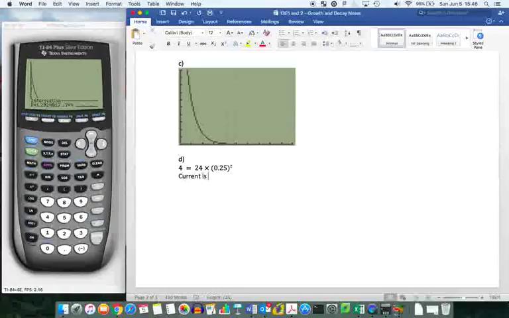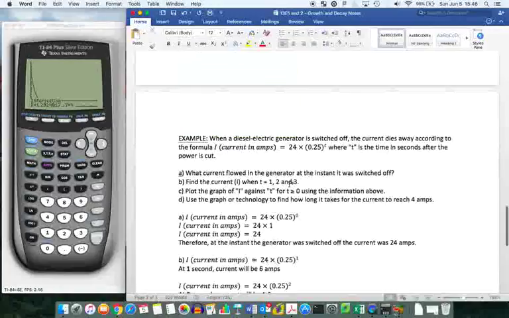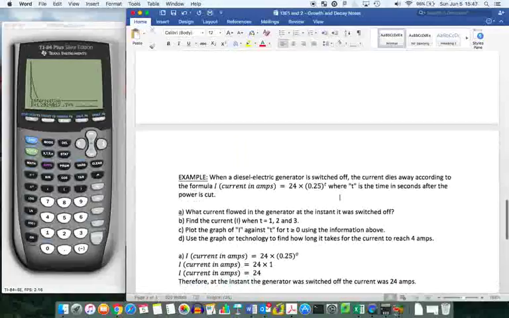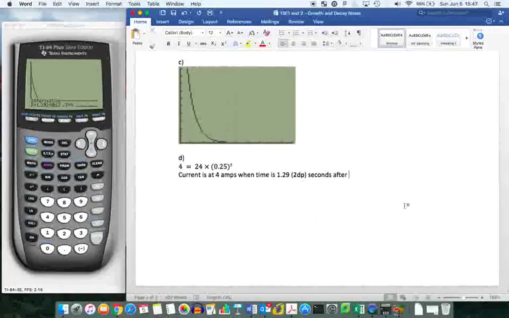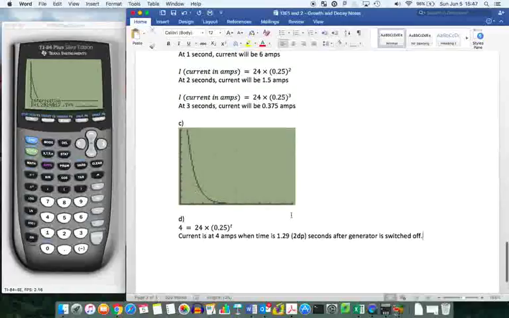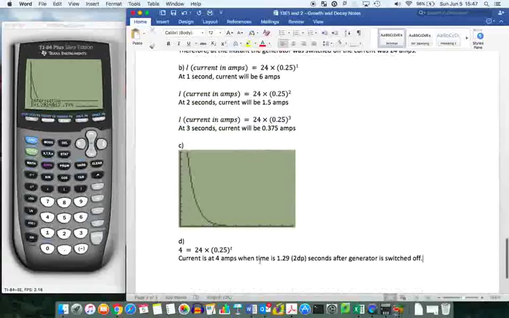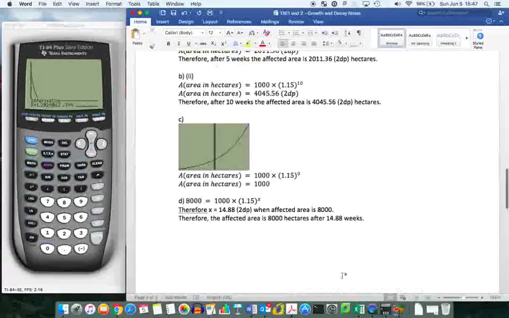Current is at 4 amps when time is 1.2924, blah blah blah, 2 dp seconds after the generator is switched off. So that is another example, this time solving a decay question.